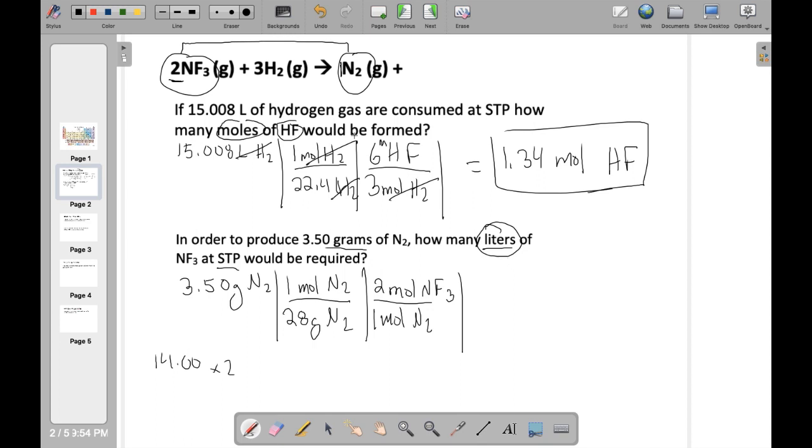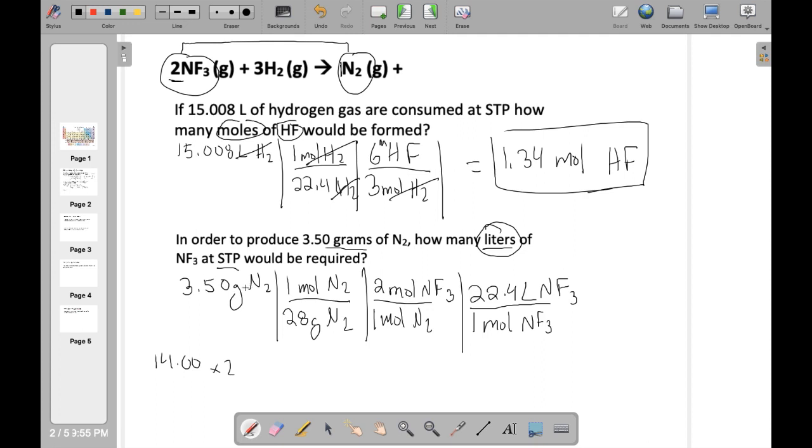But it is a gas. All these are gases, so 1 mole of nitrogen fluoride. Sorry, I should have been saying nitrogen trifluoride. But anyway, is 22.4 liters of nitrogen trifluoride.